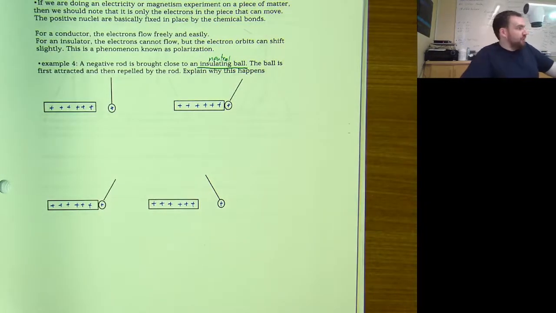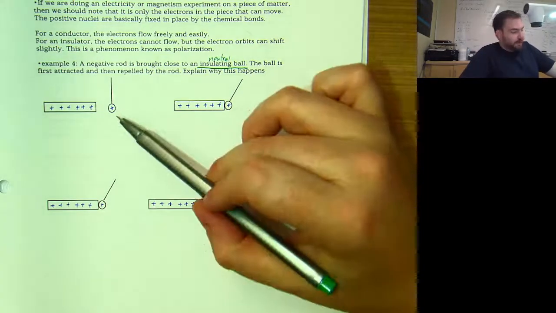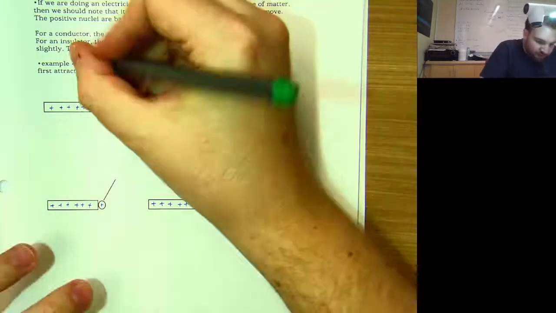If the insulating ball is neutral, what do you know about the electrons in the ball? Equal to the number of protons. And how many protons did I draw? No, in the ball, not the bar, the ball. 1. I drew 1 there, so we're going to toss 1 electron on each ball.